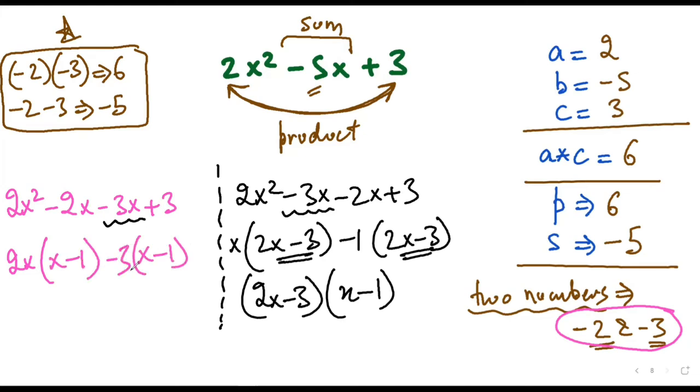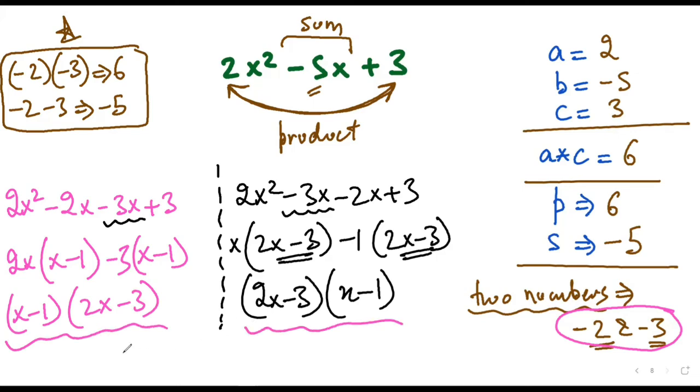This minus 3 would come out, because minus 3 into minus 1 is plus 3. So x minus 1 would be the common term. I would be left with 2x minus 3. So this and this both are same. Mr. Sarthak, any doubt till here? Should I explain this again?